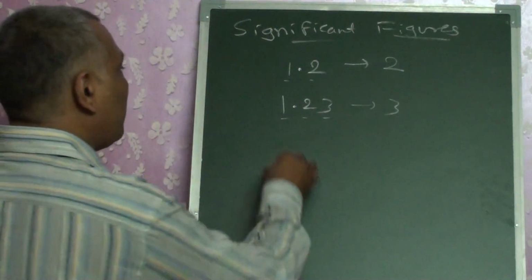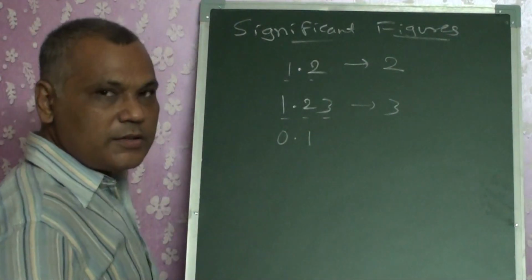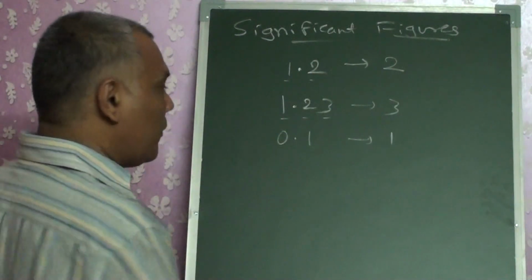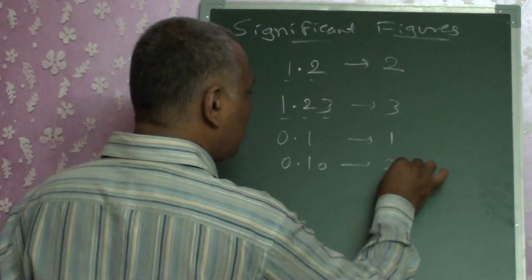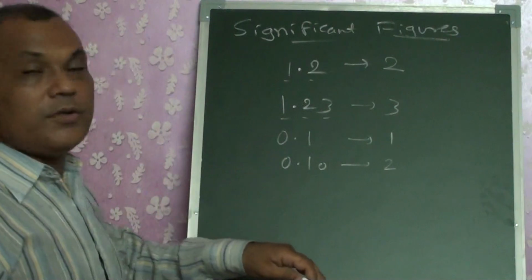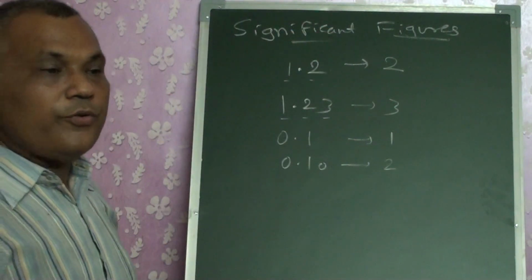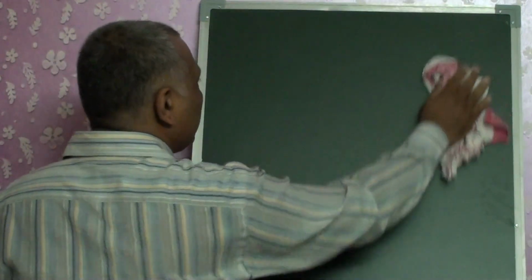But if I have 0.1, what is its significant figure? 1. But if I write 0.10, what is the significant figure? 2. So how to find out a significant figure will help you decide up to what decimal I should calculate the answers.